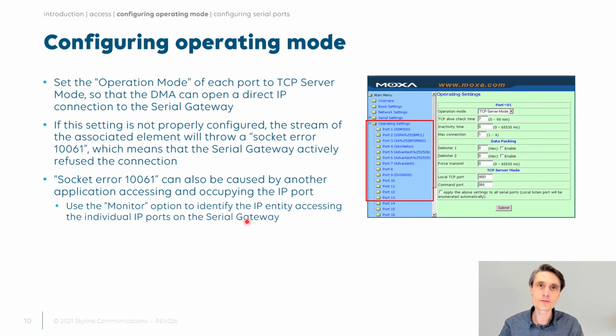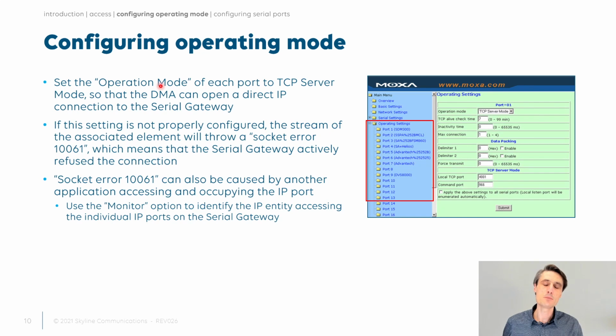Now, to go into the configuration, as I mentioned, we are using the Moxa here as an example, but other vendors are basically using the same principles. The first thing that we have to make sure is that our device is immediately, whenever we take it out of the box, configured so that the operating mode of every port on that device is set to what we call TCP server mode.